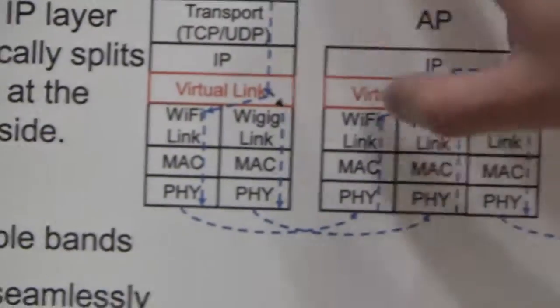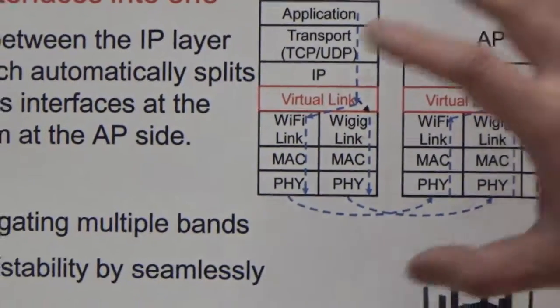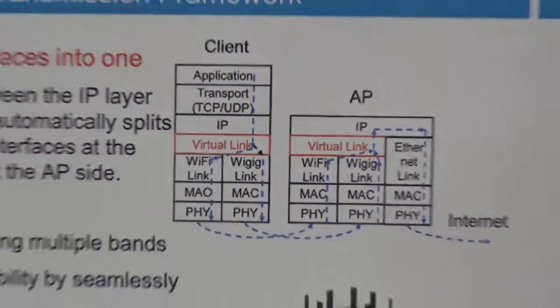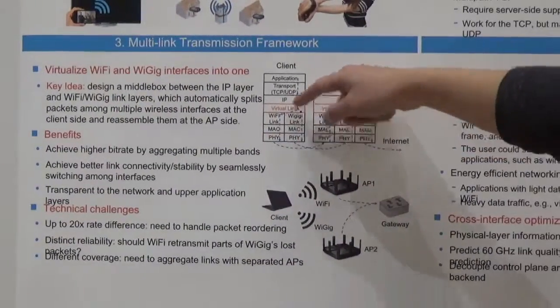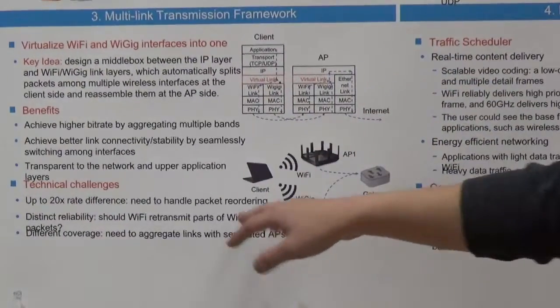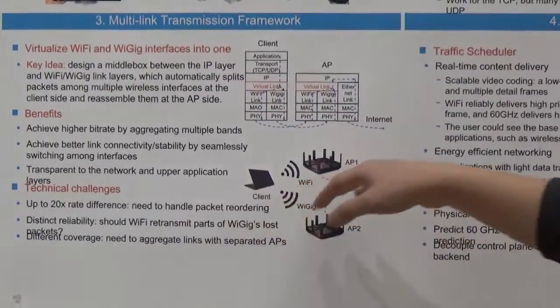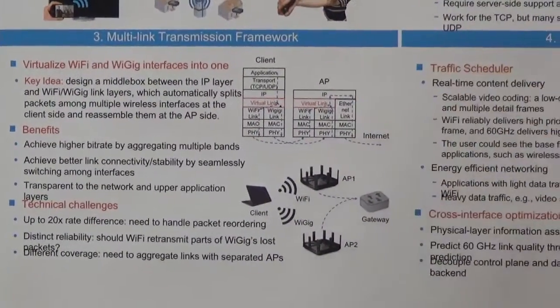In order to implement this framework, there are several technical challenges. One is that you need to deal with a 20 times rate difference between these two interfaces, which will cause packets to arrive out of order. So we need to reorder the packets at the receiver side inside the virtual link.